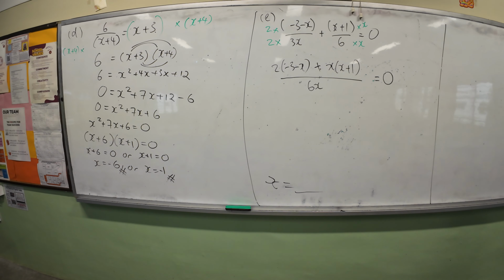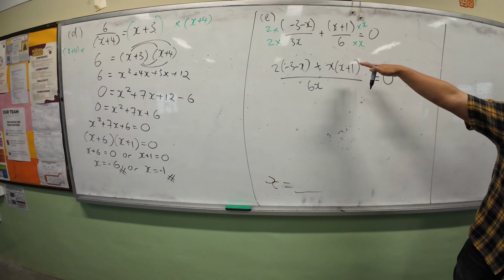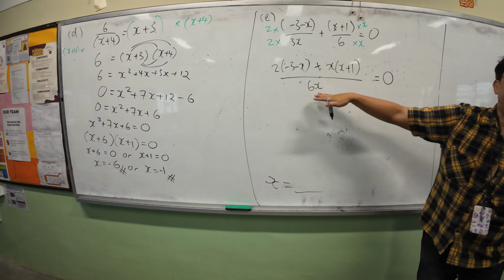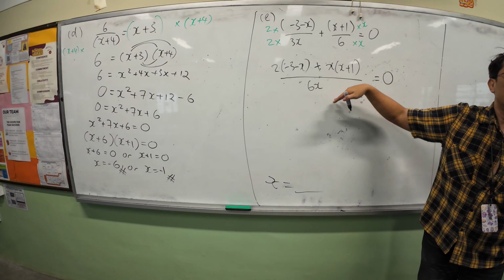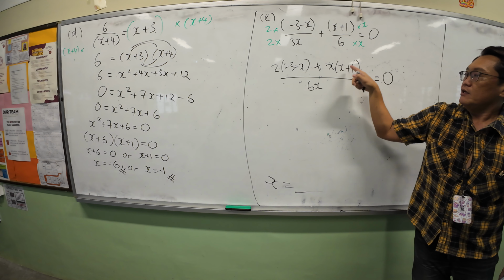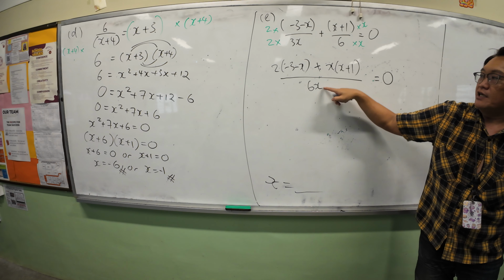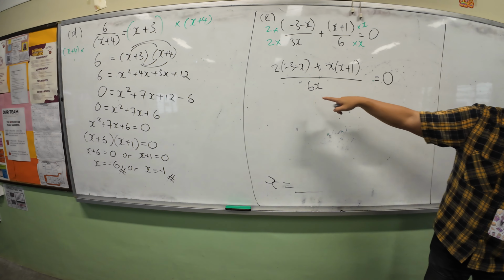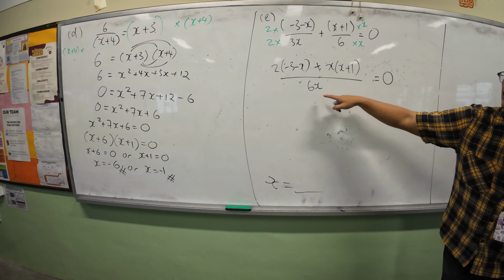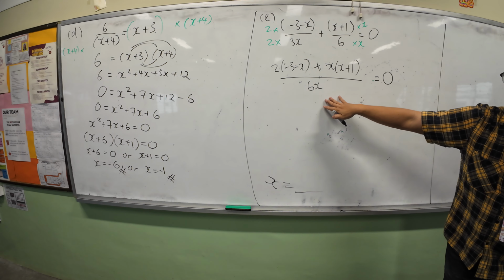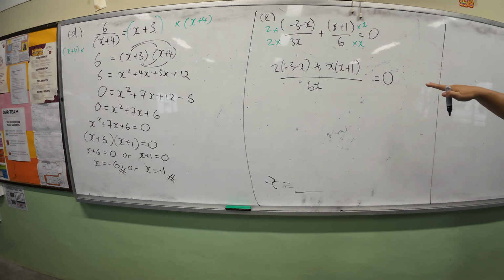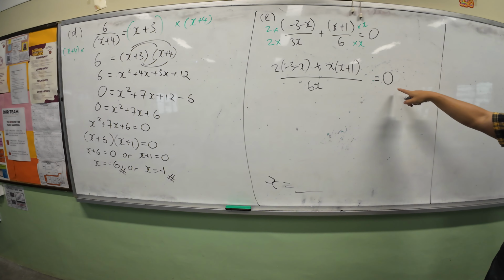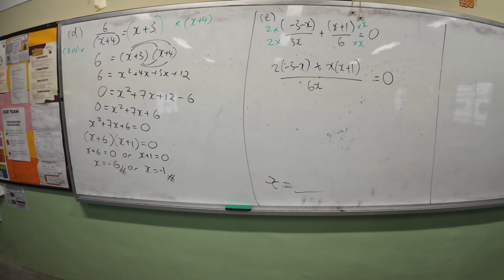From here, if you look at this equation, left hand side is a fraction. Numerator divided by denominator. Don't care what is the denominator. What must be the numerator to make the entire left hand side equal to 0? What must be the numerator?